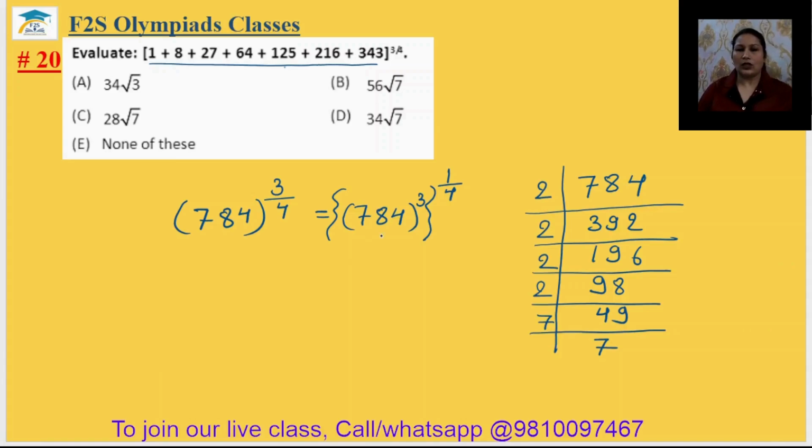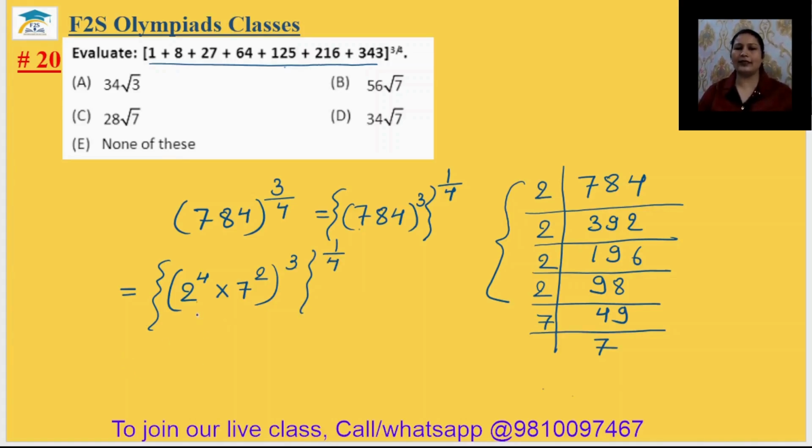Now this to the power 3: 784 is 2 to the power 4 multiplied by 7 to the power 2, whole power 3, to the power 1 by 4.